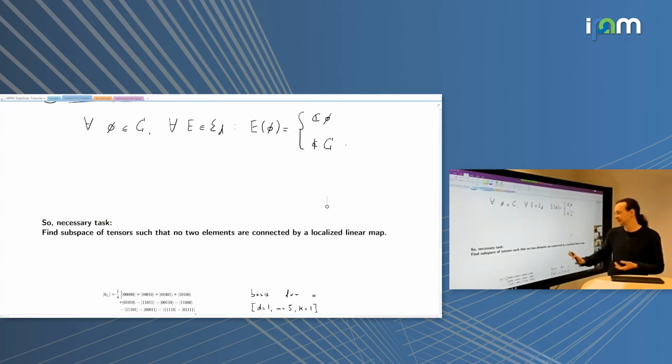That's now a pure math question. I can hand it out as a brain teaser: find big vector spaces in big tensor products that can't be related, where no two elements of the space can be related by acting on a few indices only. Good.